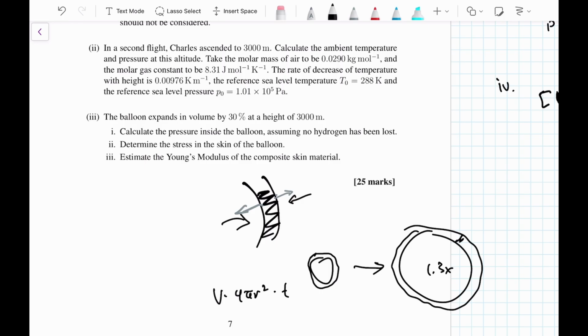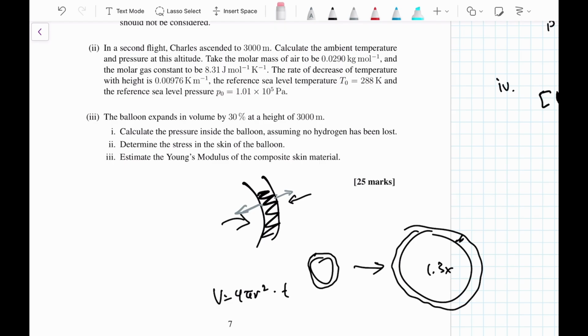The volume of the skin of the balloon remains constant. And then the volume of the balloon increases by 30%. Okay, and then we can relate that to the radius, and then we can solve for a kind of ratio between the thickness. And yeah, I think that will work.